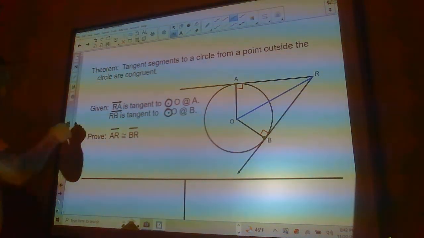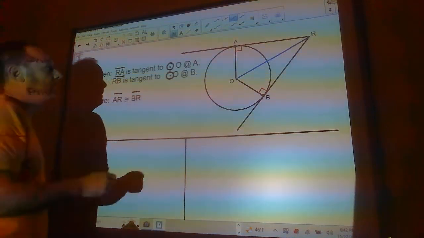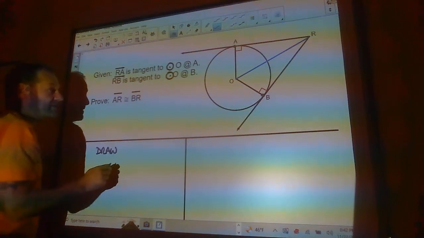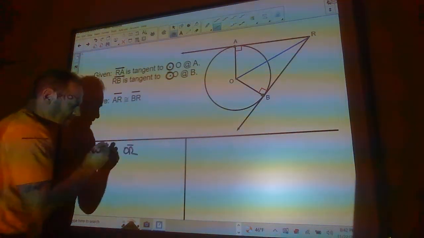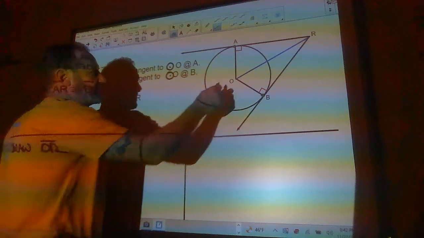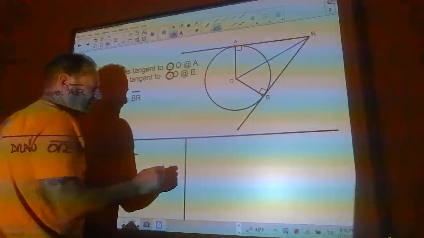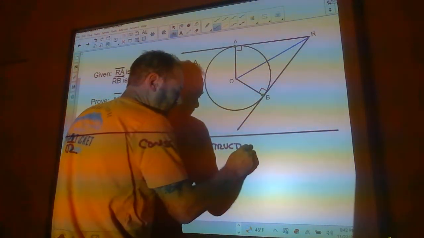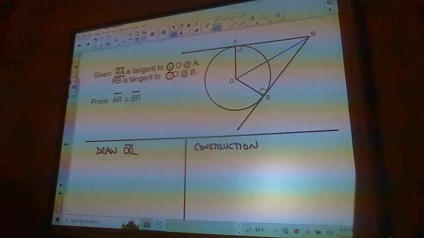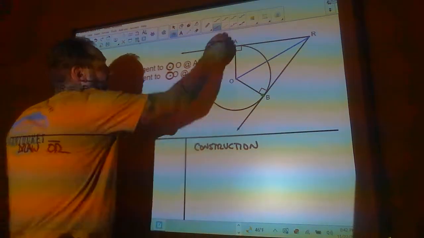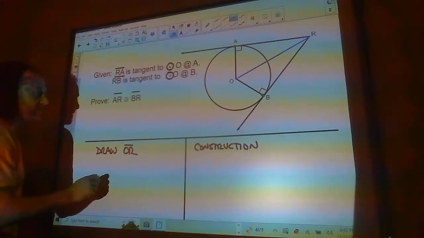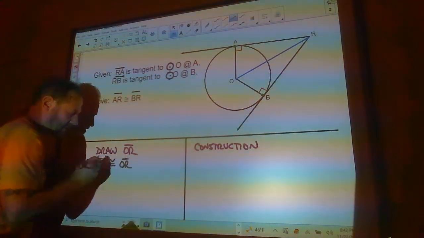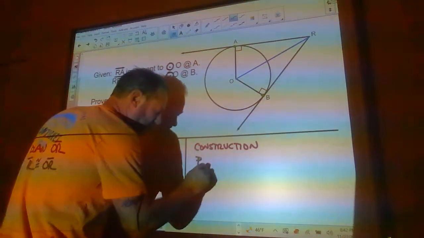The first thing I do is draw segment OR. I go from the center to that random point out there. That's just called construction. I can take a ruler, line up two points, and draw a line between them. Now what does that give me? It tells me that OR is congruent to segment OR by reflexive.